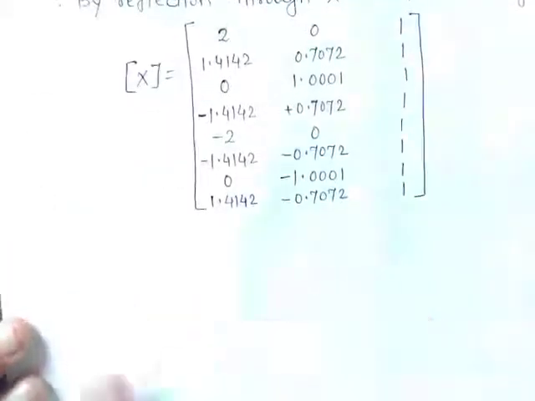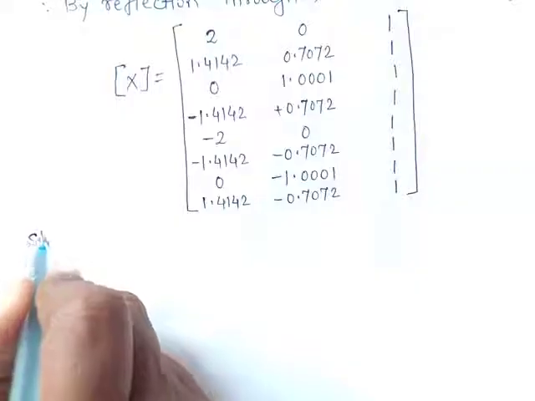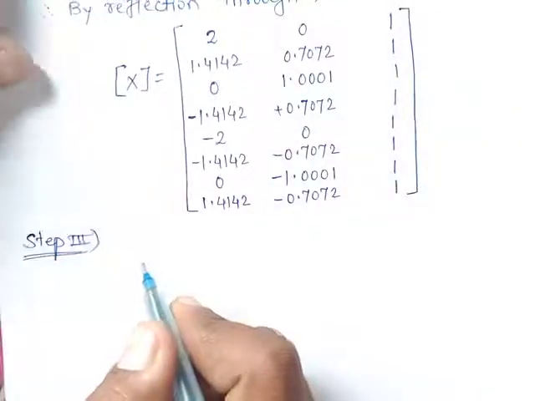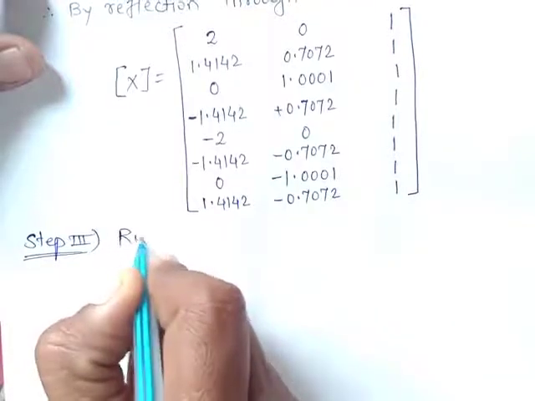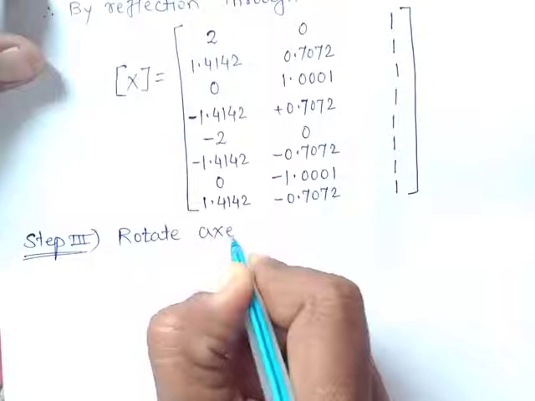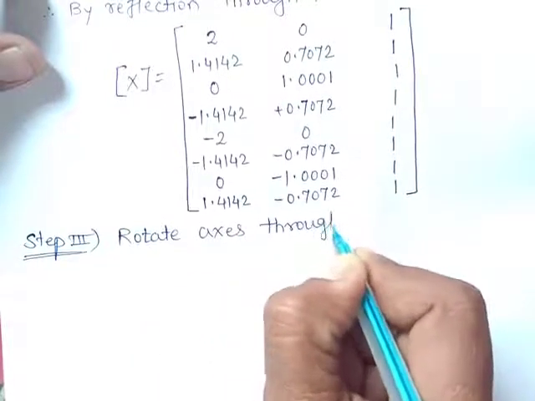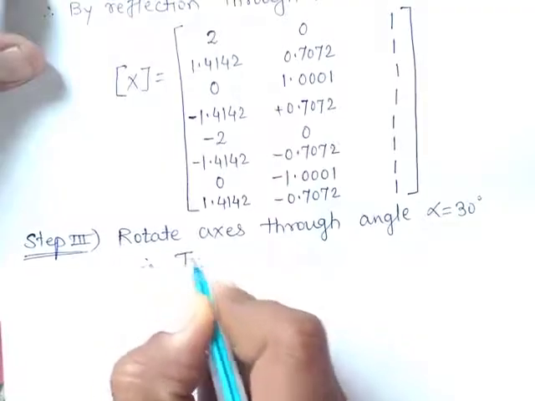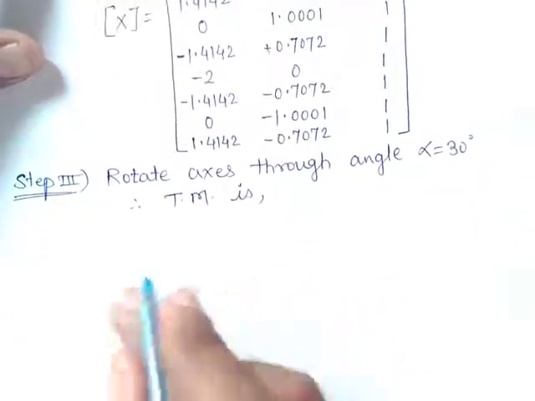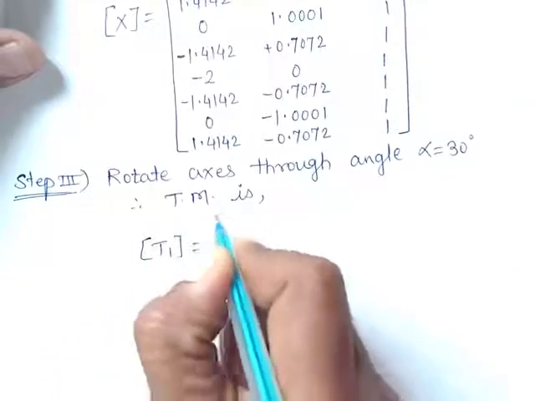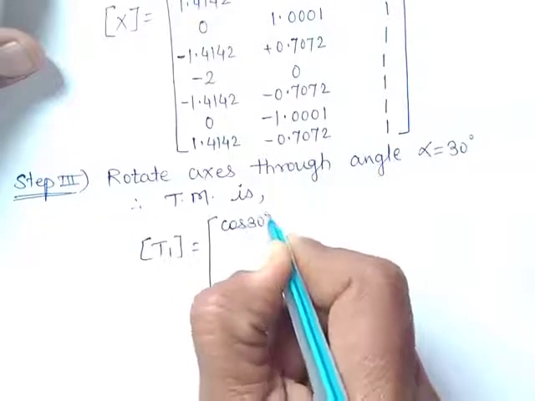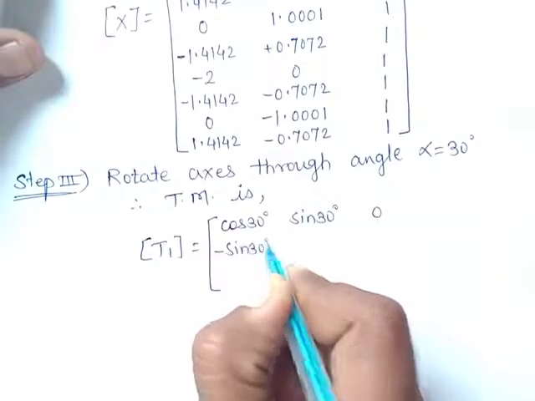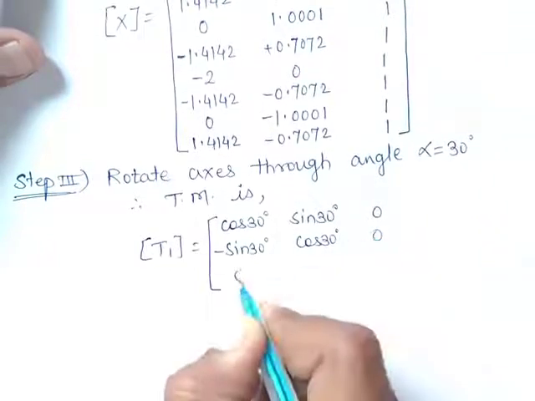Now step 3. What does step 3 say? We have to rotate axis through an angle alpha, given to us as 30 degrees. Therefore, the transformation matrix T1 is: cos 30, sin 30, 0, minus sin 30, cos 30, 0, 0, 0, 1.